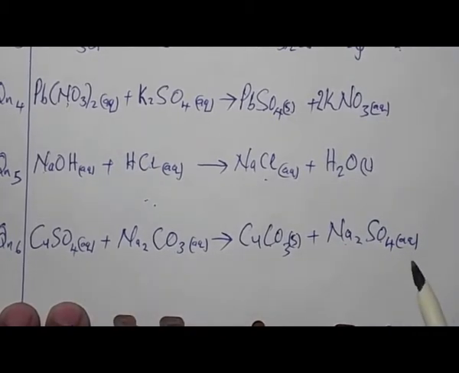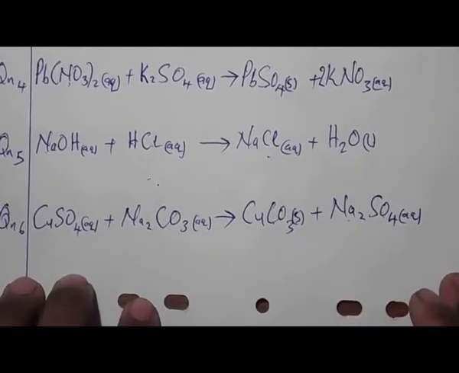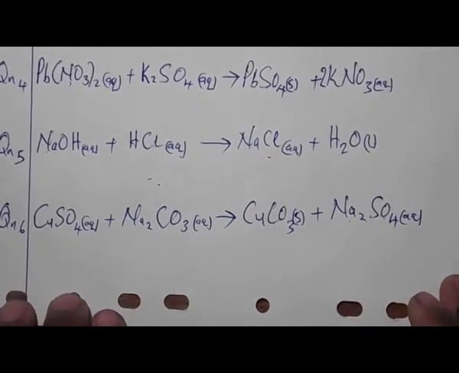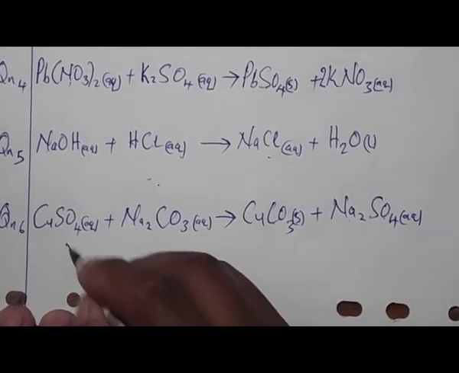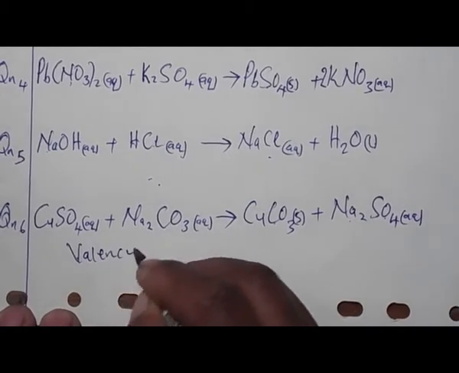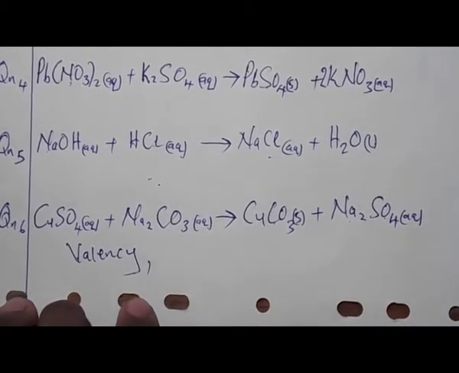Everything is balanced. Now, in balancing equations, you have to pay attention to 3 things. We have seen number 1 is valency. Number 2 is the reaction. When we react a metal and an acid, what do we get?